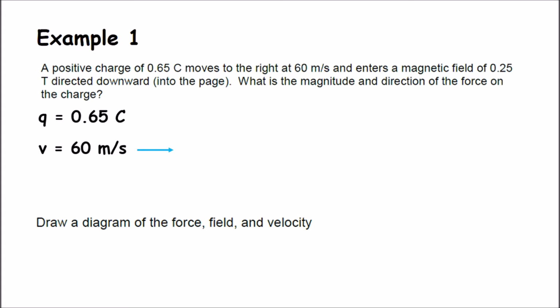And what's the next thing? We have a 0.25 tesla field that's downward. This time when I say downward, I'll always put into the page or out of the page, because I don't want you to think down means to the bottom of the page. So downward would be into the page.